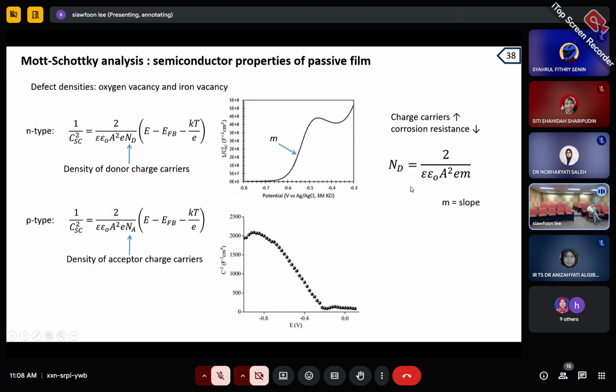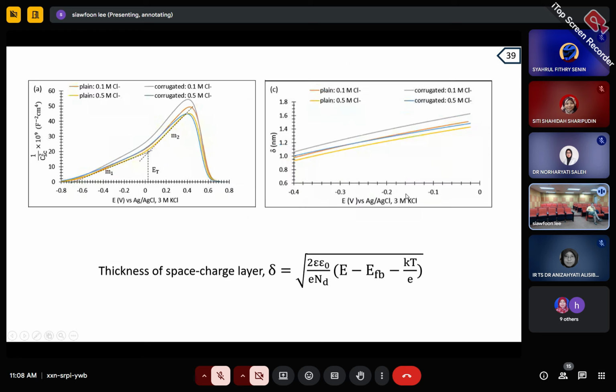And if you have electron flow through the steel, the corrosion current is high. When the corrosion current is high, the resistance is low. If the corrosion resistance is low, the steel will get corroded easily.